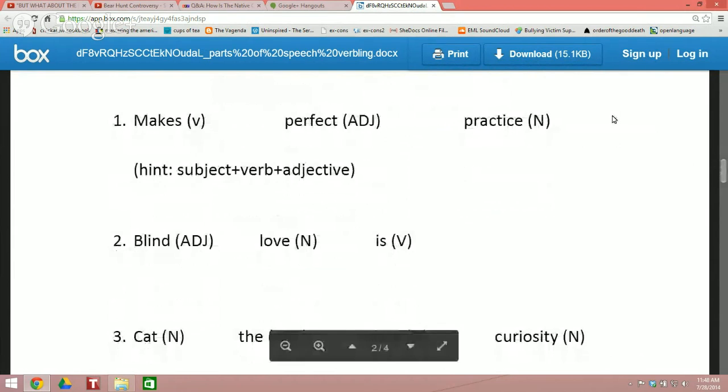Adela, will you read number 1 for us in the correct order? Practice makes perfect.